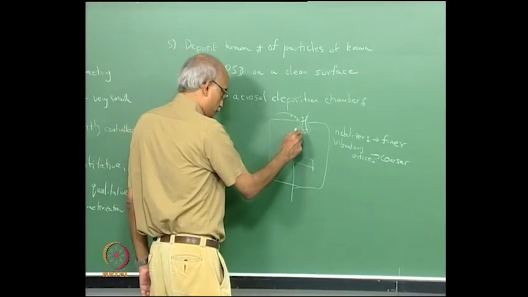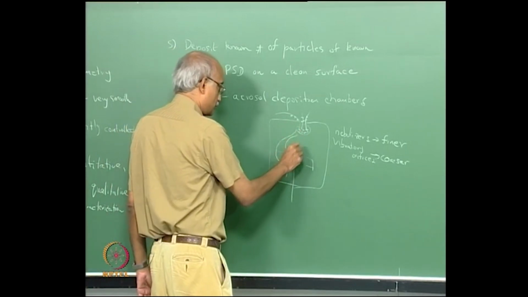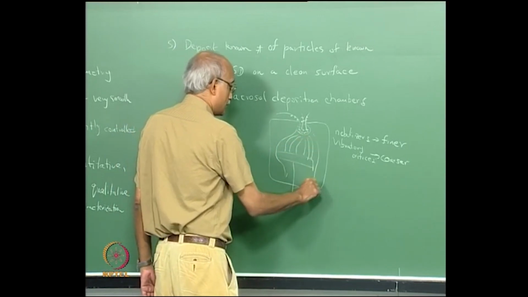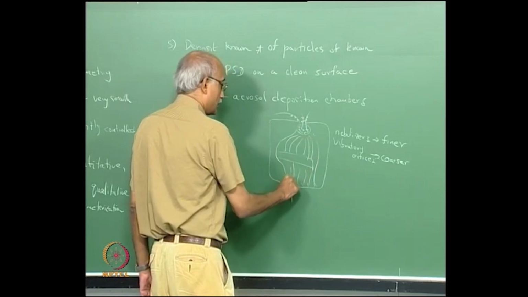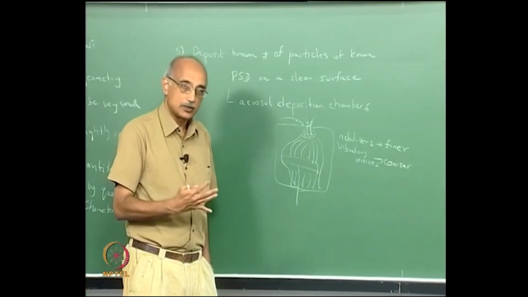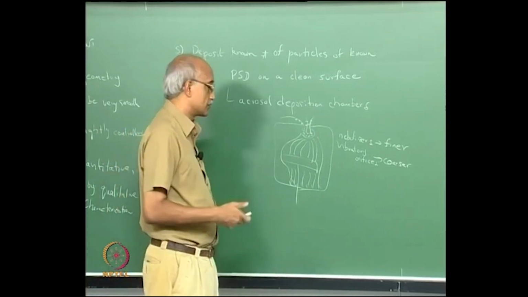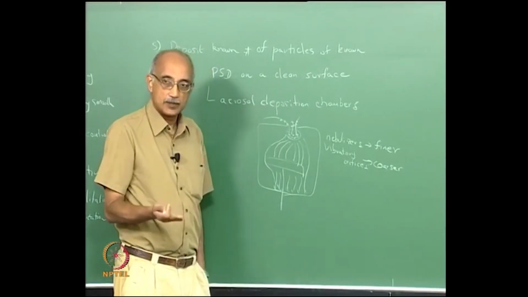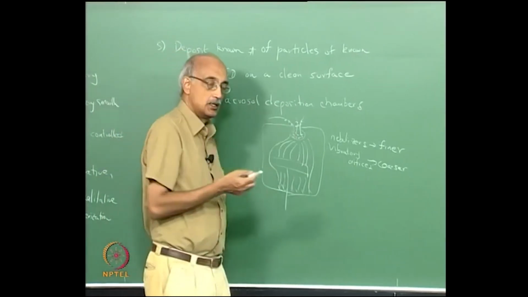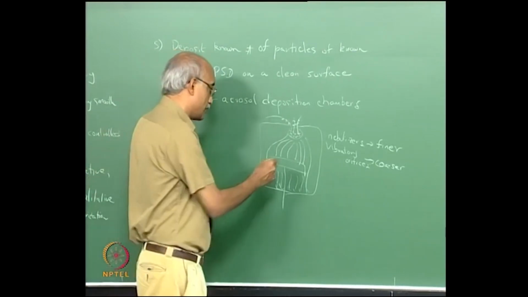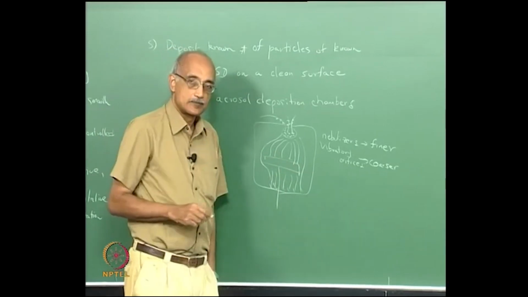So, the flow will be designed so that it's laminar and it follows the same path every time, so that there is no intermixing of the streamlines, there is no turbulence, there is no recirculation, there is no stagnation, because it is very important that we establish a stable flow in this chamber and we convey the same number and size distribution of particles every time to this substrate.